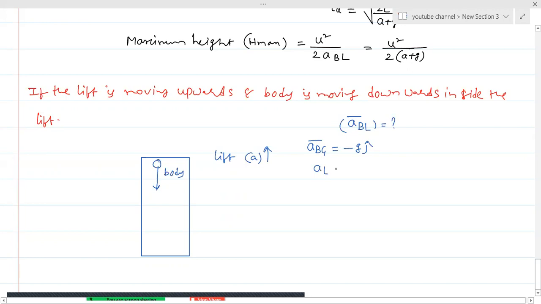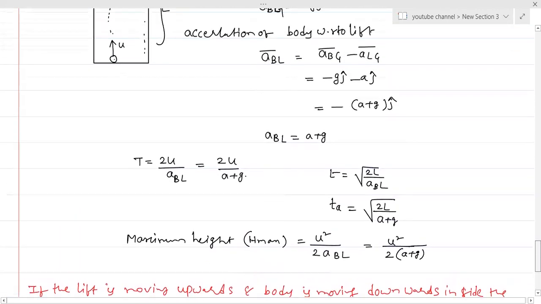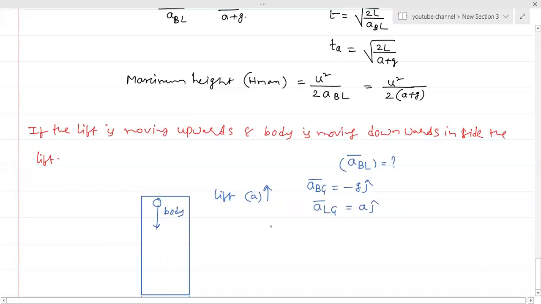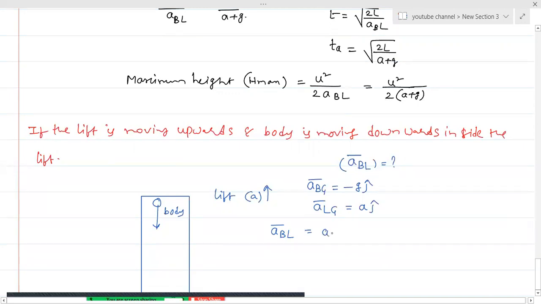And the acceleration of the lift with respect to the ground is nothing but a j cap. Next we need the acceleration of the body with respect to the lift, that is a_BG bar minus a_LG bar, which is equivalent to minus of (g plus a) into j cap.